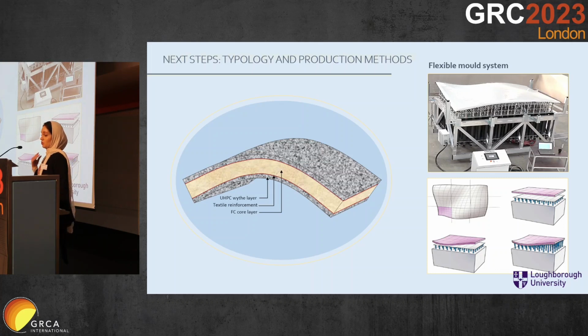The way in which we would do this is we would cast the foamed concrete onto the flexible mold system, remove this, and then spray on the UHPC. So this is the next stages of my study.